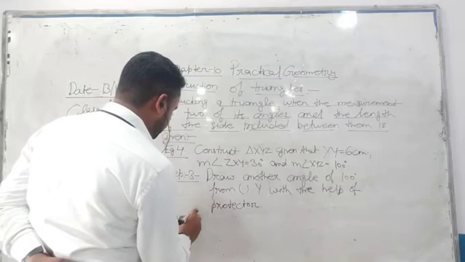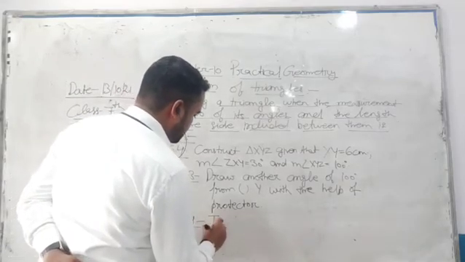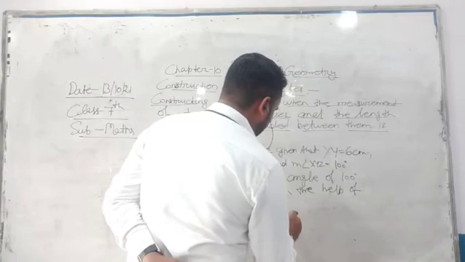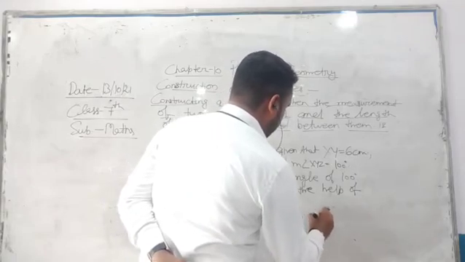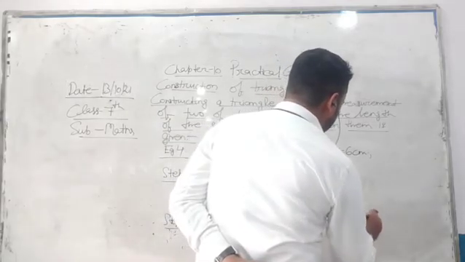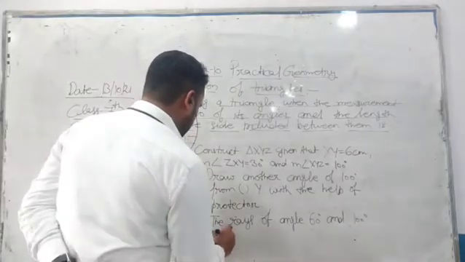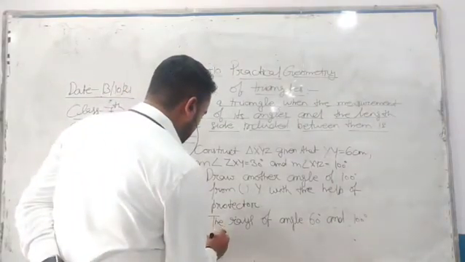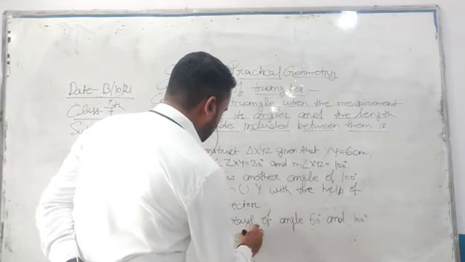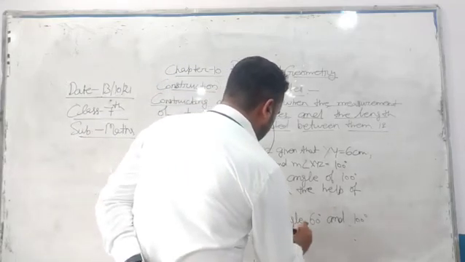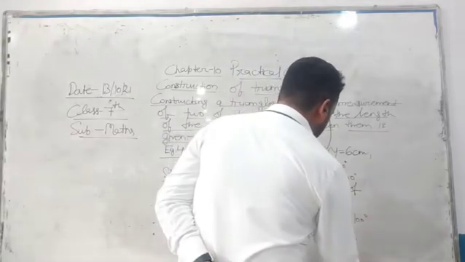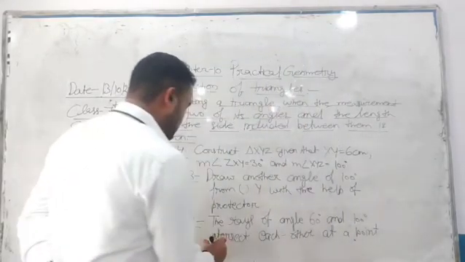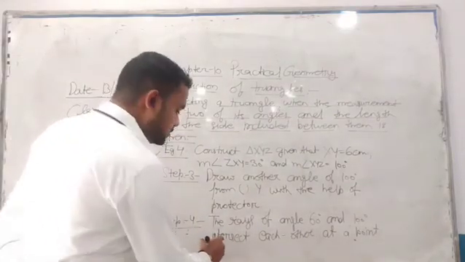Step 4: the rays of angle 30 degree and 100 degree intersect each other at a point.